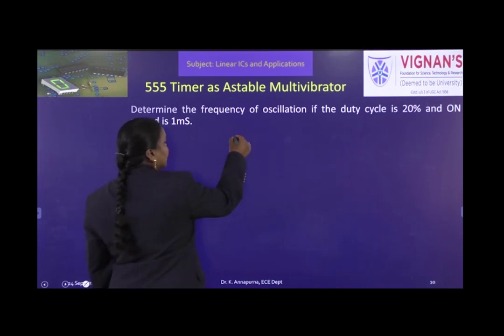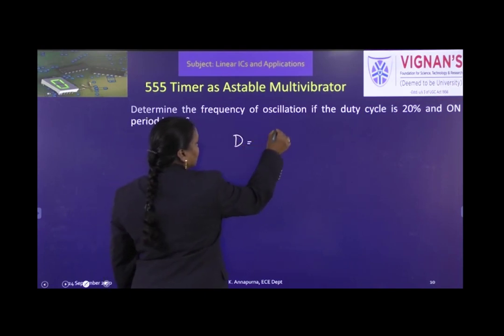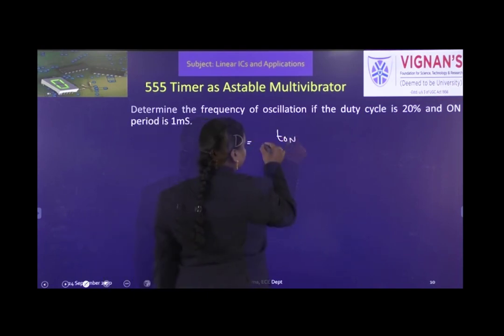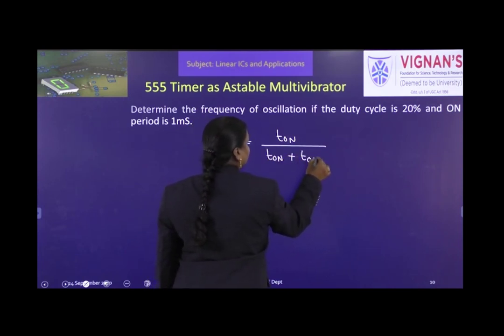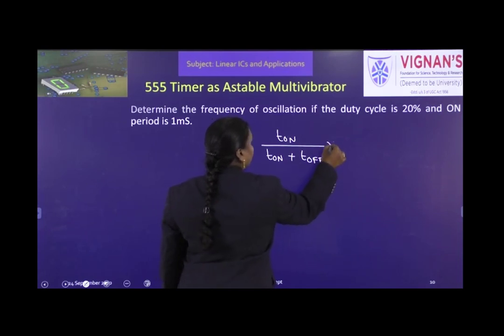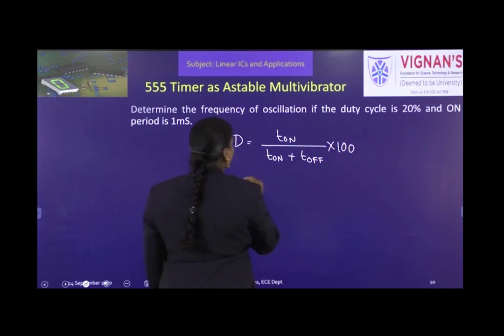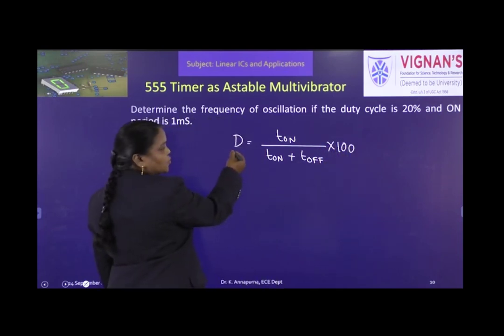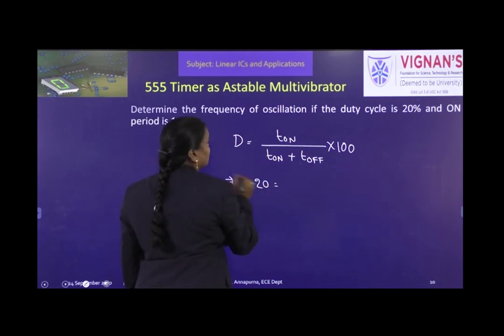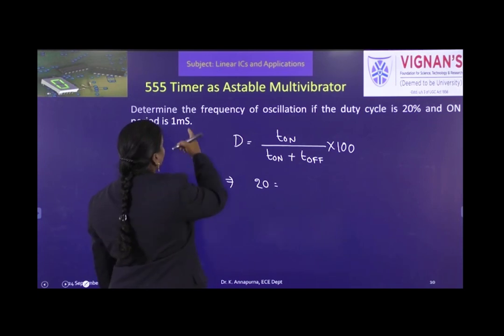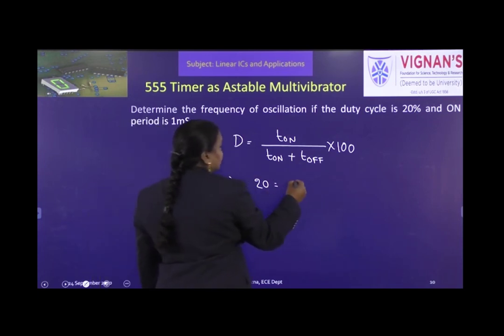So what is the duty cycle formula? T on by (T on plus T off) into 100. So what is the duty cycle given? 20%. So 20 is equal to, what is T on? 1 millisecond.